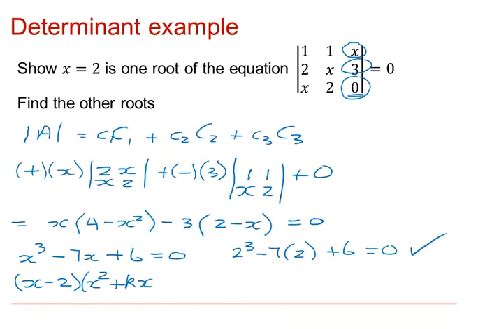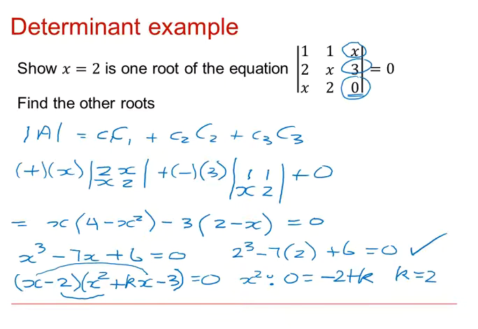Therefore, I immediately know that I have to have a minus 3 there. I can see that I have no x squareds in that x cubed minus 7x plus 6, but that must be the same as minus 2x squared plus kx squared, which would give me that k must equal 2.